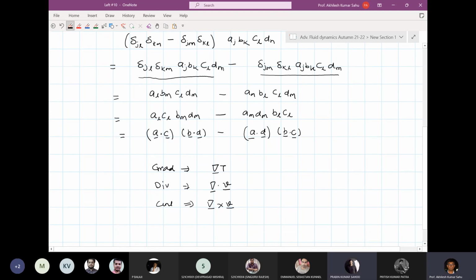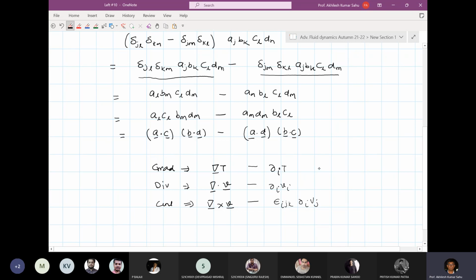And in index notation we write this like partial i vi, and this is epsilon ijk partial j vk. This is the index notation.